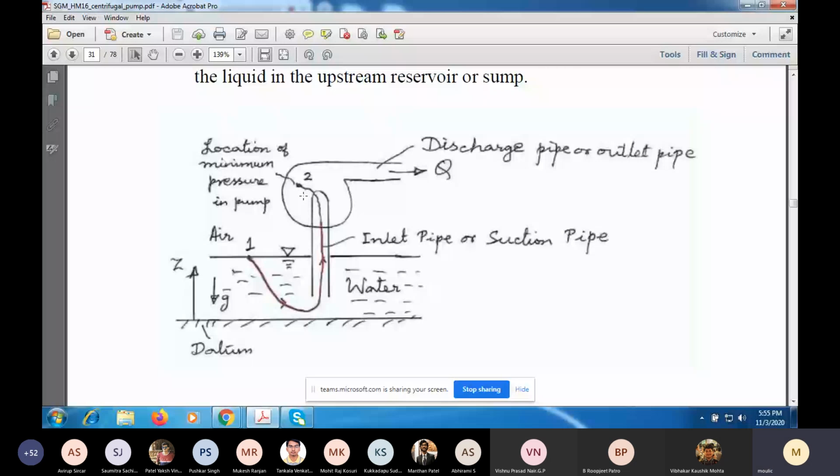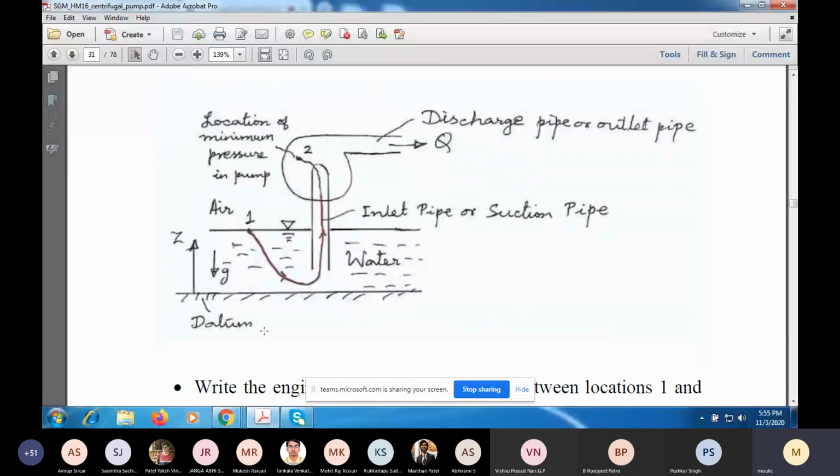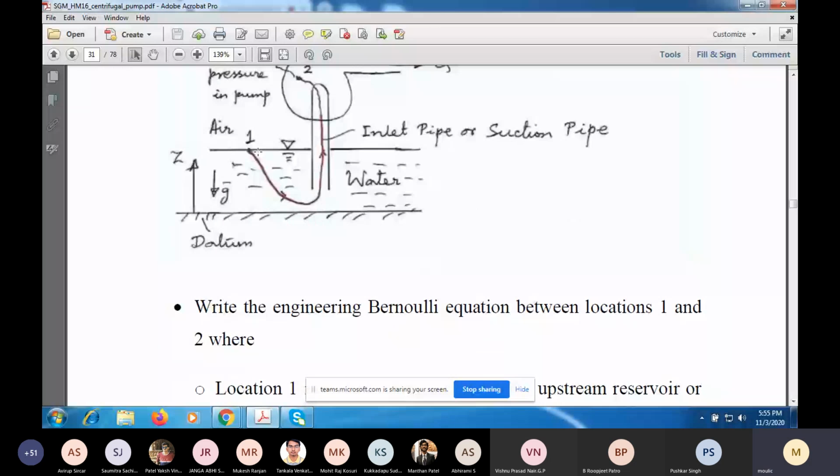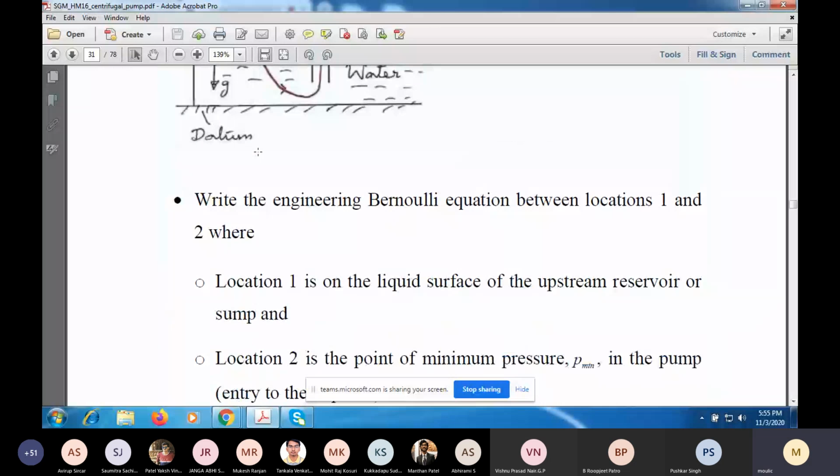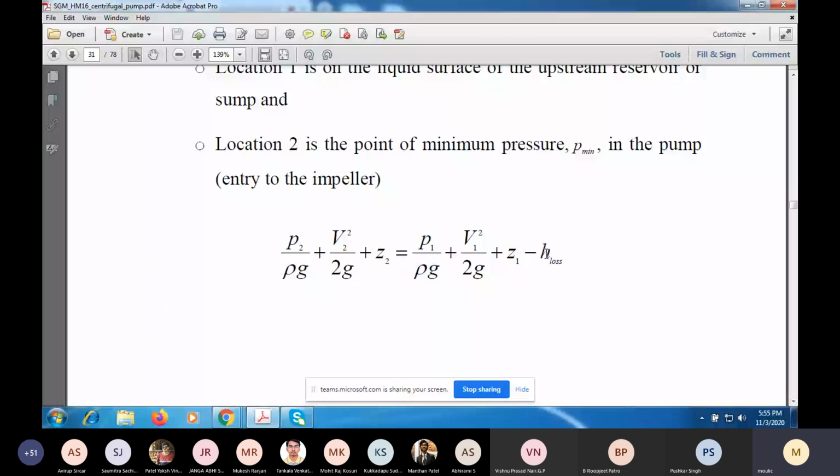Okay, so this is near the eye of the impeller. So this is the point which is the inlet to the impeller region. Okay, now you can apply the energy equation: the mechanical energy at the downstream point 2 equals the mechanical energy at point 1 minus the head loss term.